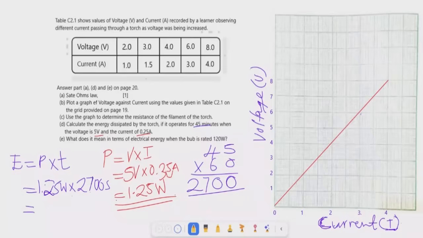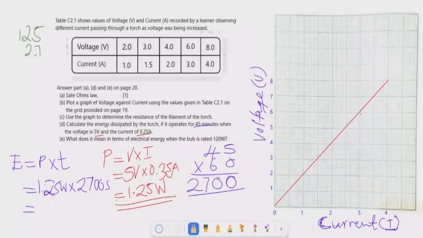Okay, remember we're trying to find electrical energy. Let me use the top part there to multiply 125 times 27.